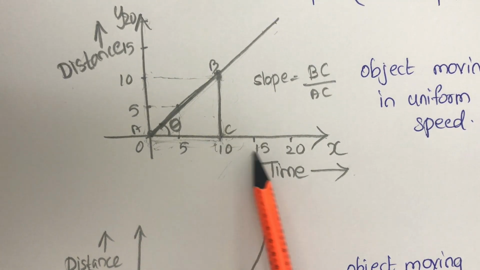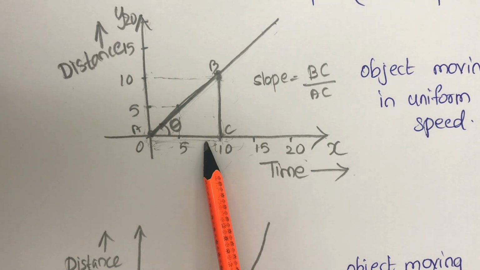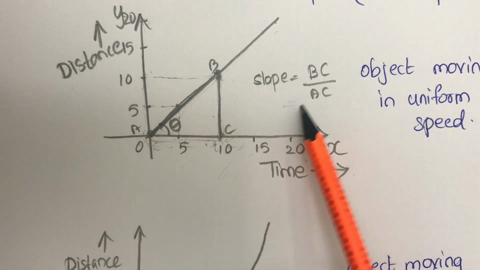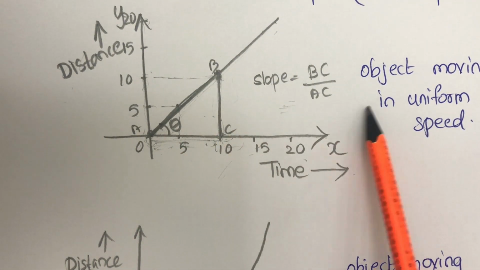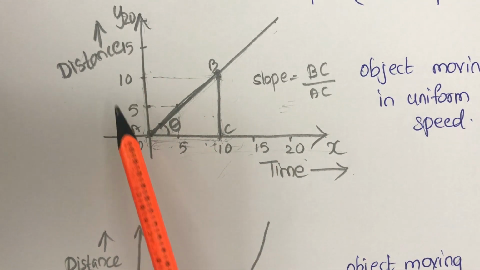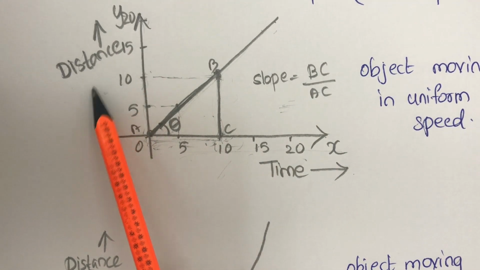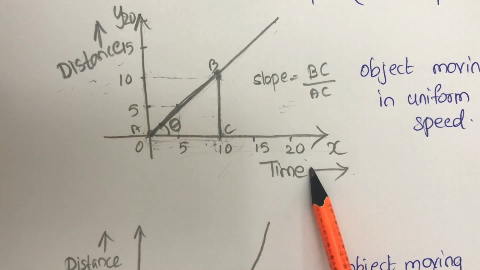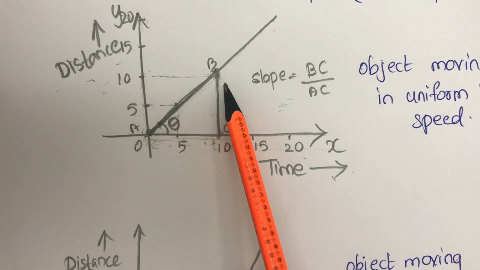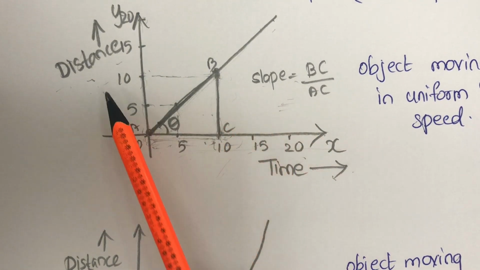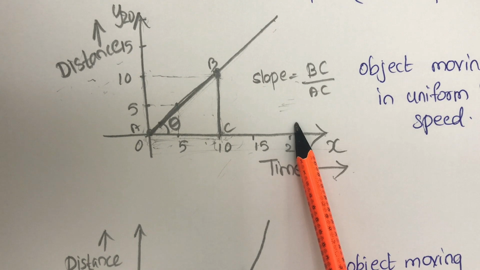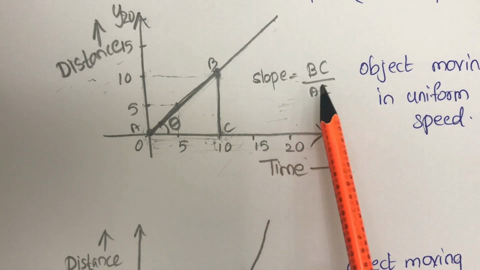So 10 by 10, what is it? 1. So the speed will be 1. Distance is in meters and time is in seconds, so my slope will be 10 meters divided by 10 seconds, that is 1 meter per second.